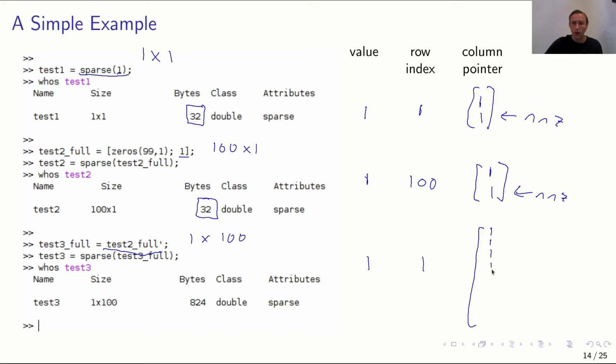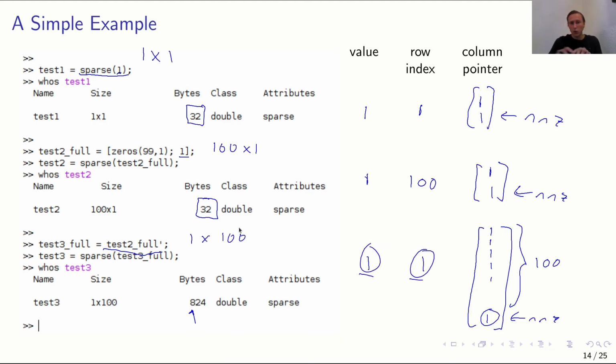So even if each value is going to be 1, we need to store 100 of these values, as well as, of course, the number of non-zeros at the very end. Meaning we get 100 times 8 bytes, which is 800 bytes of data, in addition to the 24 bytes associated with these final 3 values. So what you see here is that storing this row vector is going to cost us 824 bytes of data, whereas storing the equivalent column vector is going to cost us just 32 bytes of data.